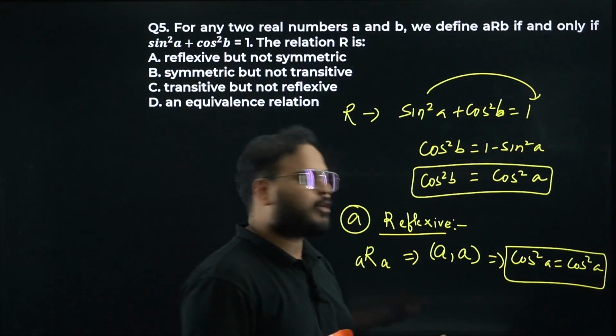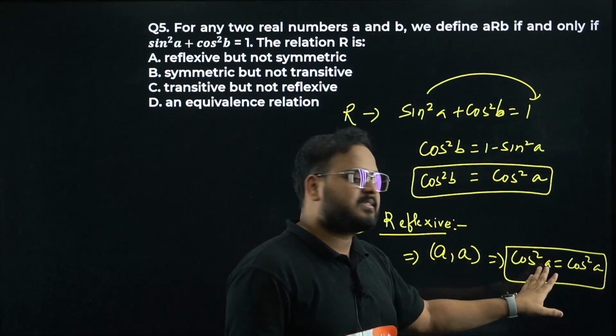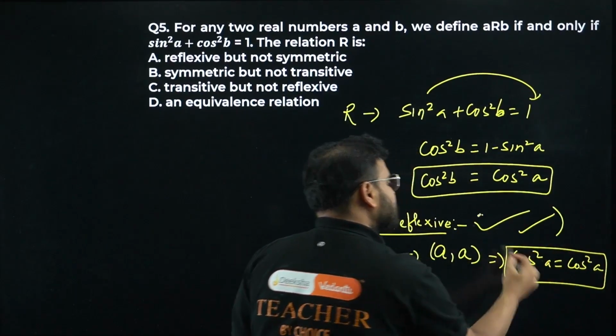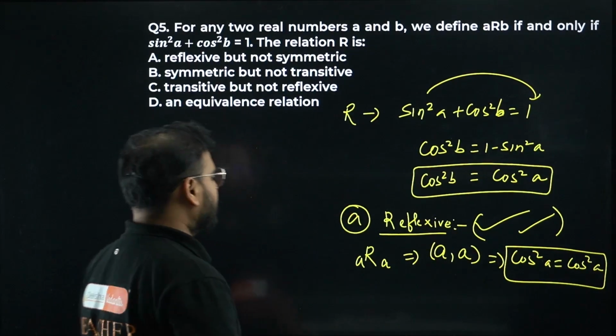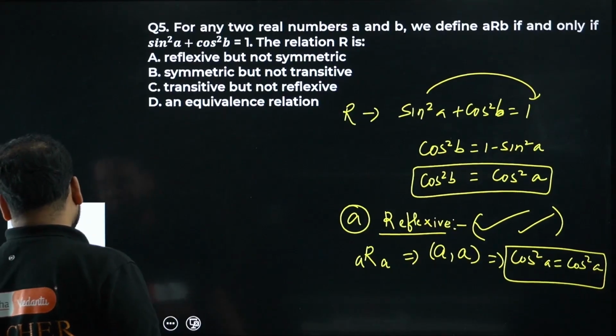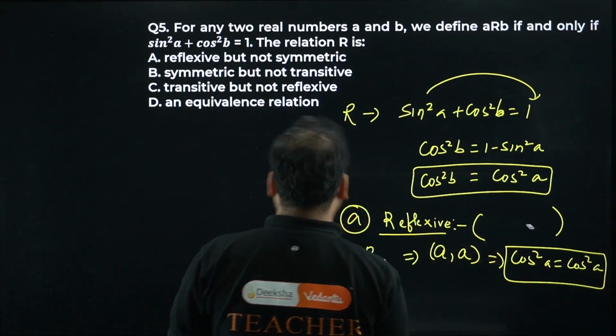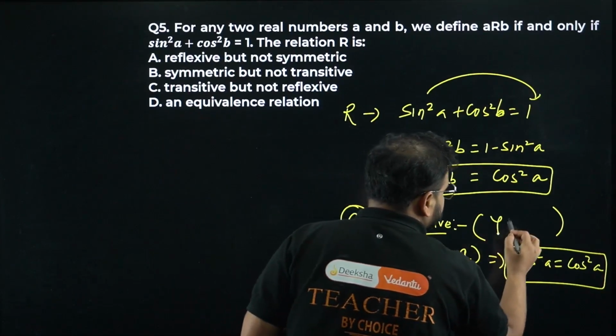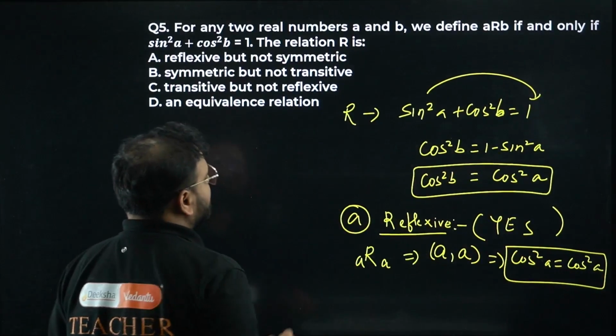Cos square A is of course equal to cos square A, because B becomes A in this case. So reflexive, yes, possible. Reflexive, yes sir.